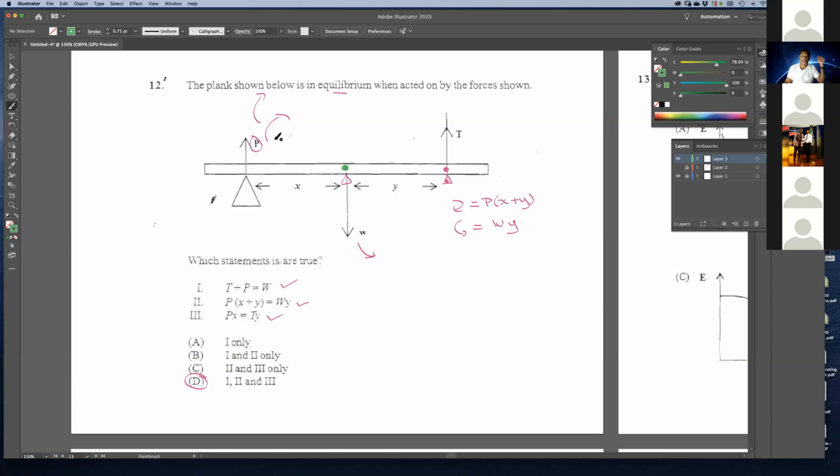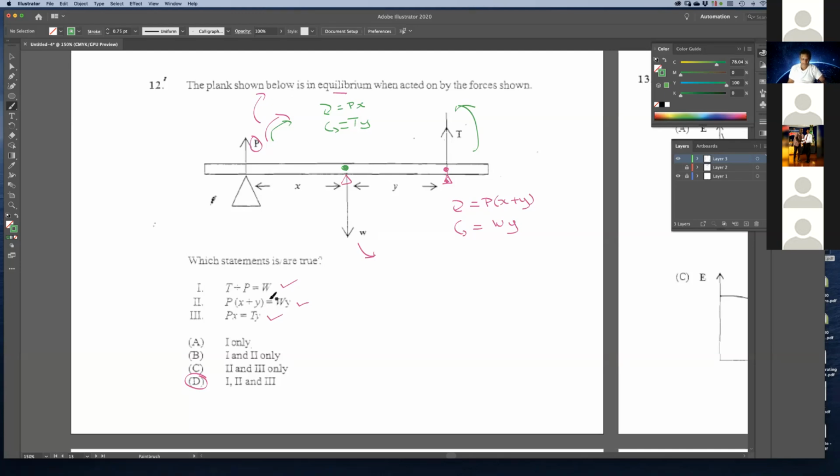When you take moments about here, this is still clockwise, but the clockwise moments for the green fulcrum is equal to X multiplied by P. And the anti-clockwise moments, that is this one here, will be T multiplied by Y. And for equilibrium, Px must be equal to Ty.